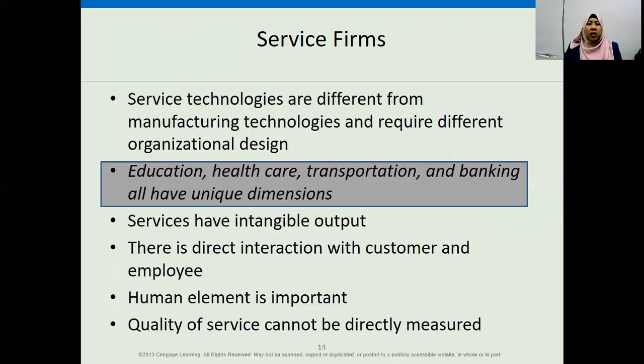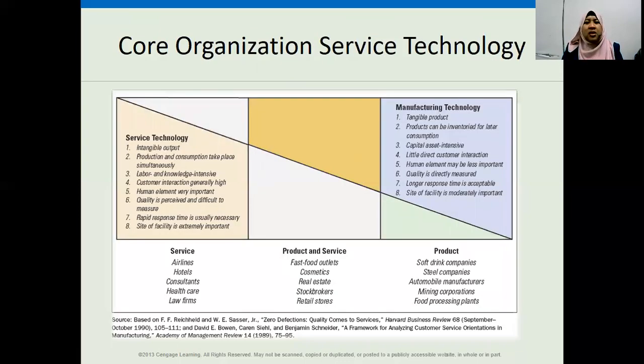All right, and then core organization service technology. We do have service, product and service, and product itself only. They have three basic divisions.